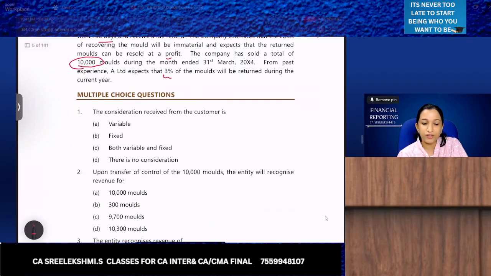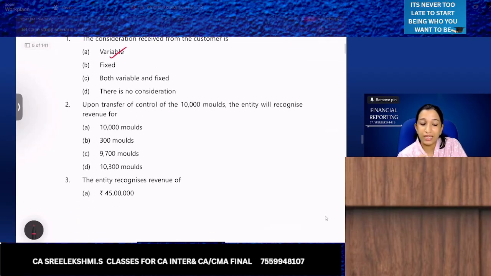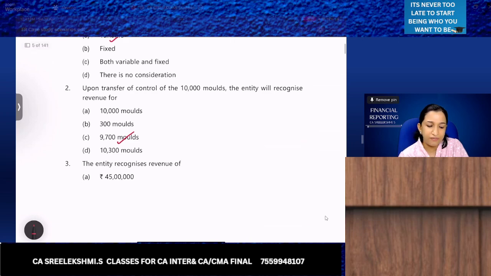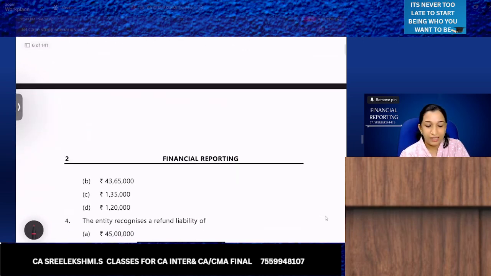The consideration received from the customer is, of course, variable because there is a refund liability attached to it. Upon transfer of control of 10,000 molds, the entity will recognize the revenue for 10,000 minus 3%, 9,700 molds. The entity recognizes revenue of 9,700 into 450, that is 43,65,000.